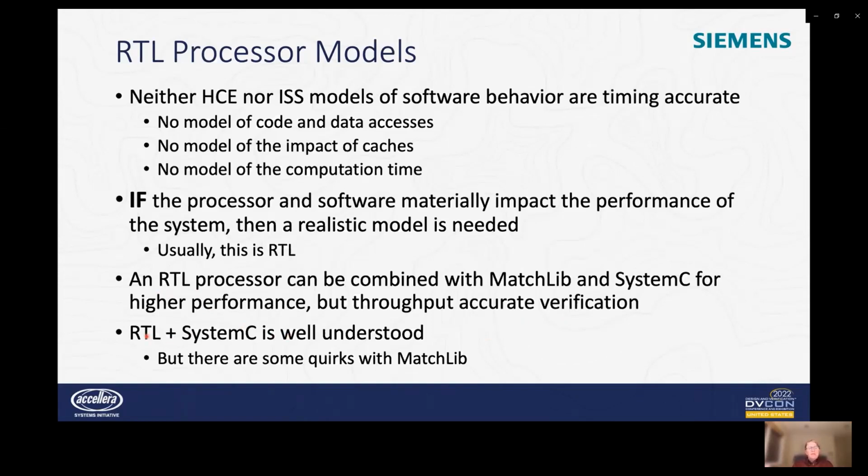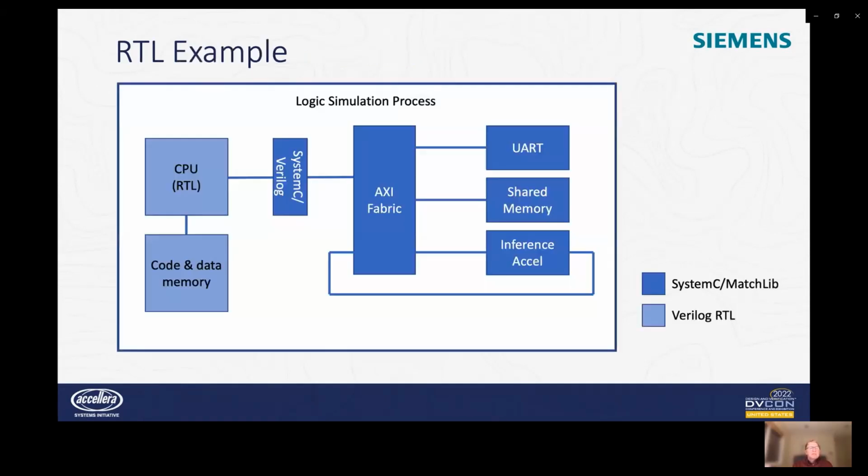I'm going to assume that most of you pretty well know how to connect up RTL to a SystemC model. This is a fairly well understood mechanism, so I'm not going to go into a lot of detail on the mechanics of hooking up a SystemC function to an RTL function. But there are a few quirky bits when we're bringing MatchLib into the mix, and I'm going to talk about how you would address those.